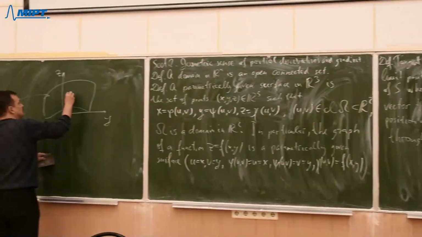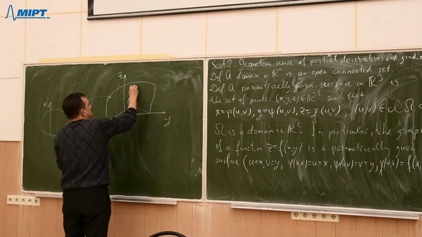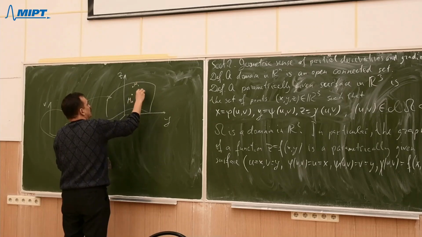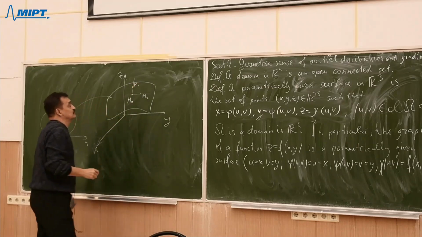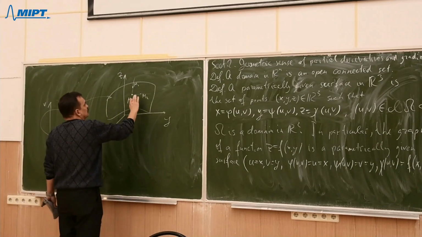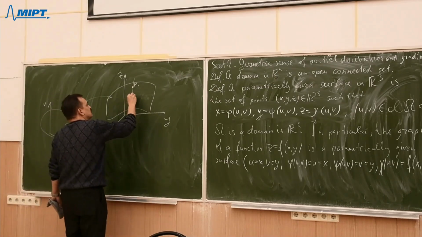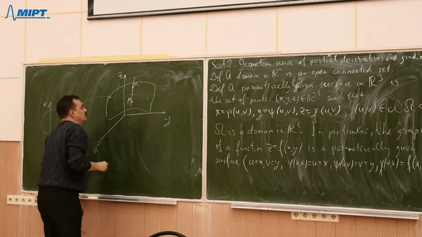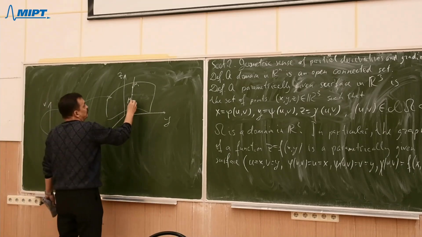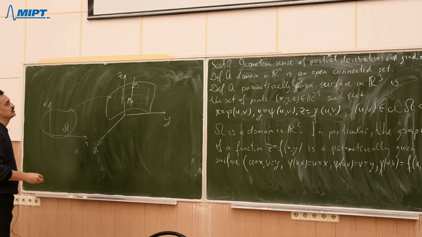You see we have a point M naught, right? Two ways: either take points M1, M2 and obtain a plane which goes through those points and then take the limit, or look only at two points and follow the normal vector. In both ways we will obtain the same plane, which is tangent to our surface.